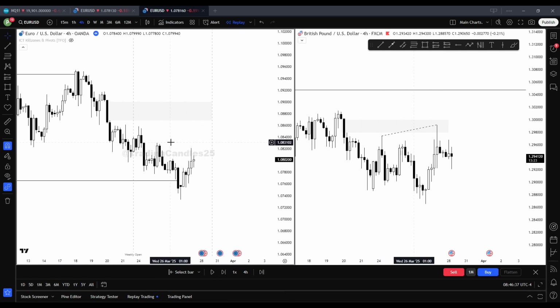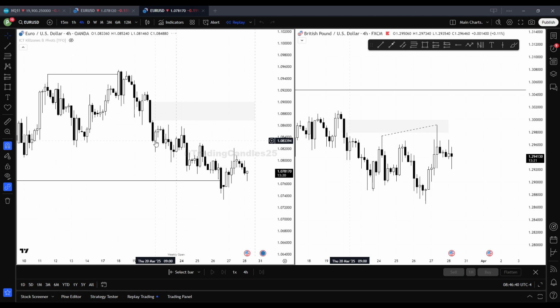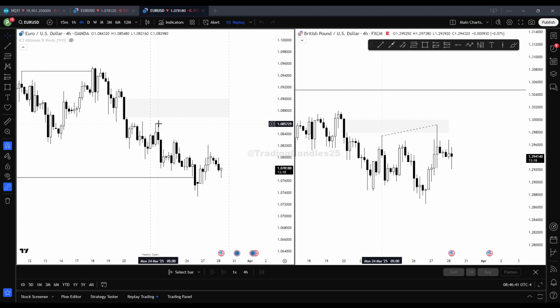Whereas on EU, you can see that we failed to take out this high and failed to fill this internal liquidity because of this particular divergence. Now, if we hadn't had this divergence, then you would have seen price push higher, but because of this divergence, GU filled its corresponding internal liquidity, whereas EU failed to do so.